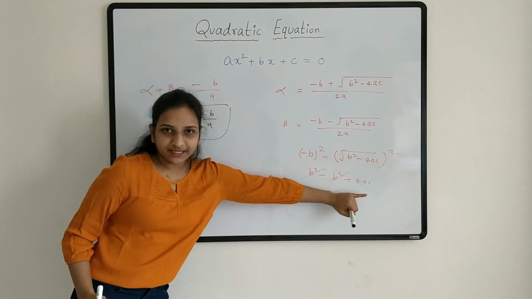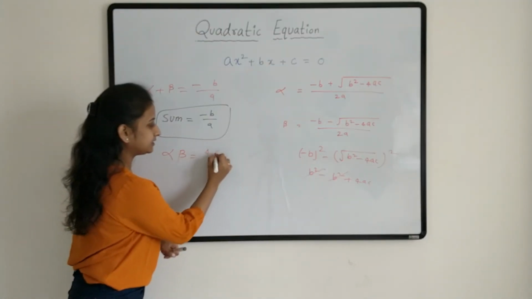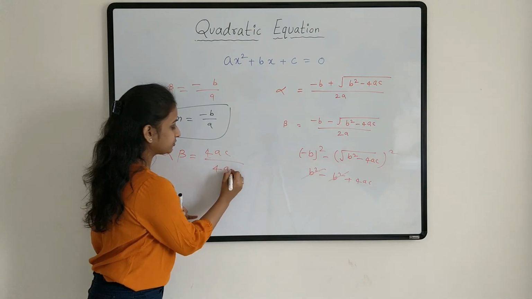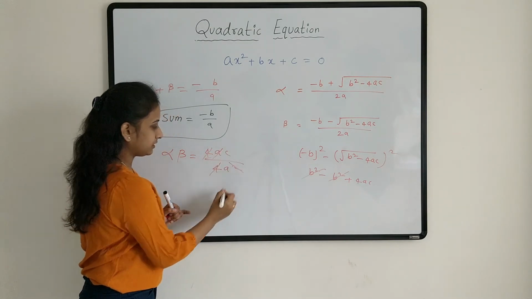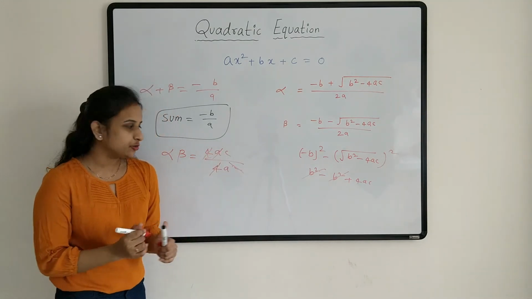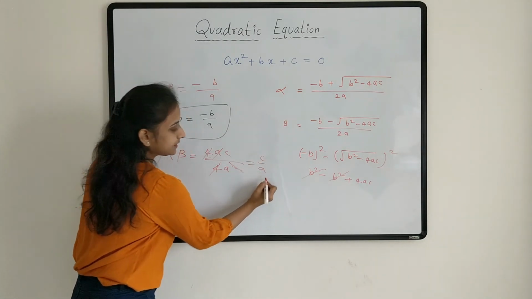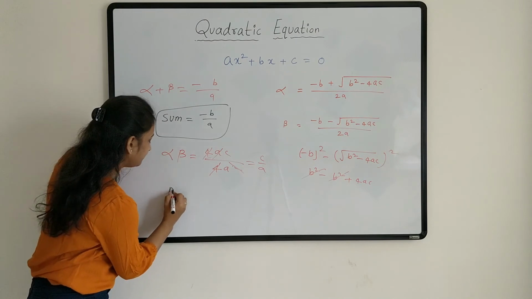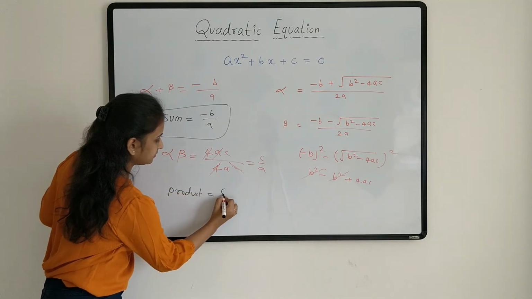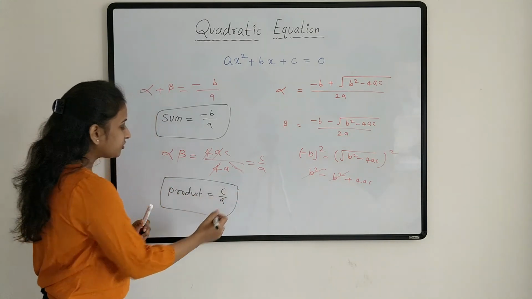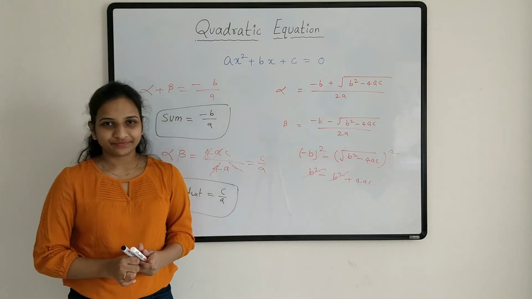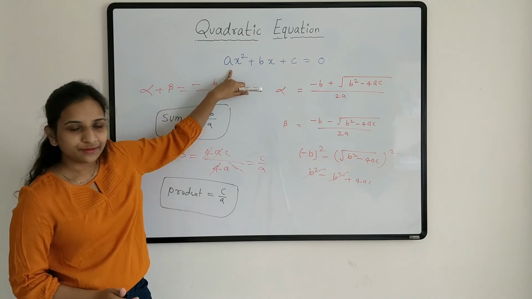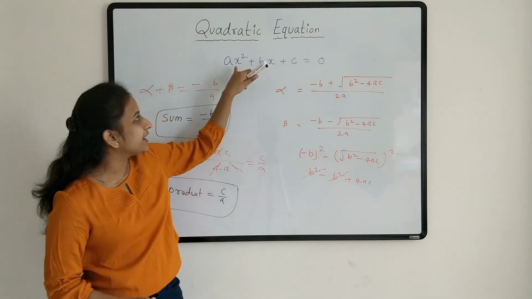So numerator is 4ac and denominator is 2a square, that is 4a square. So product of the roots is nothing but c by a.